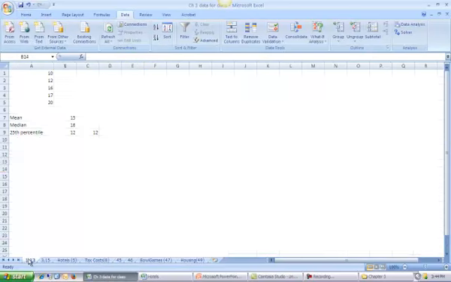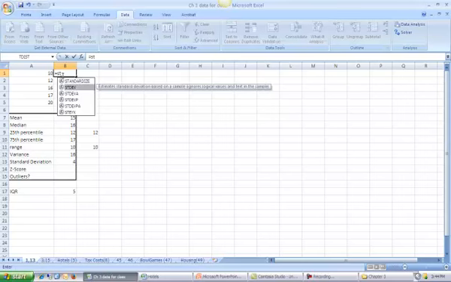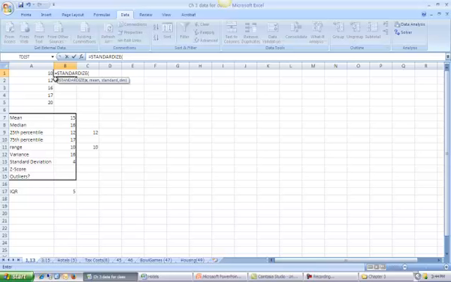So for number 13, we want our z-scores. The easiest way to do that using Excel is to use STANDARDIZE. Select that one. I need x, the mean, and the standard deviation.